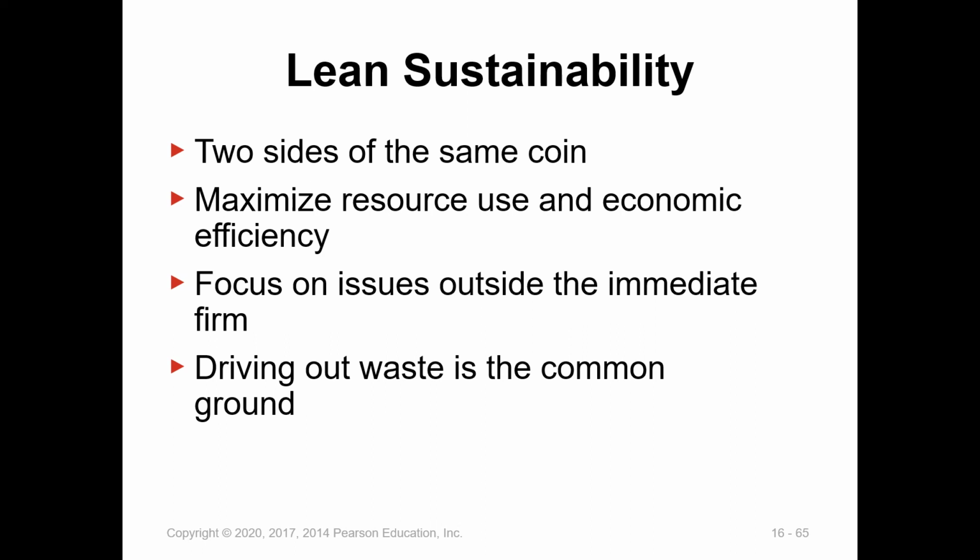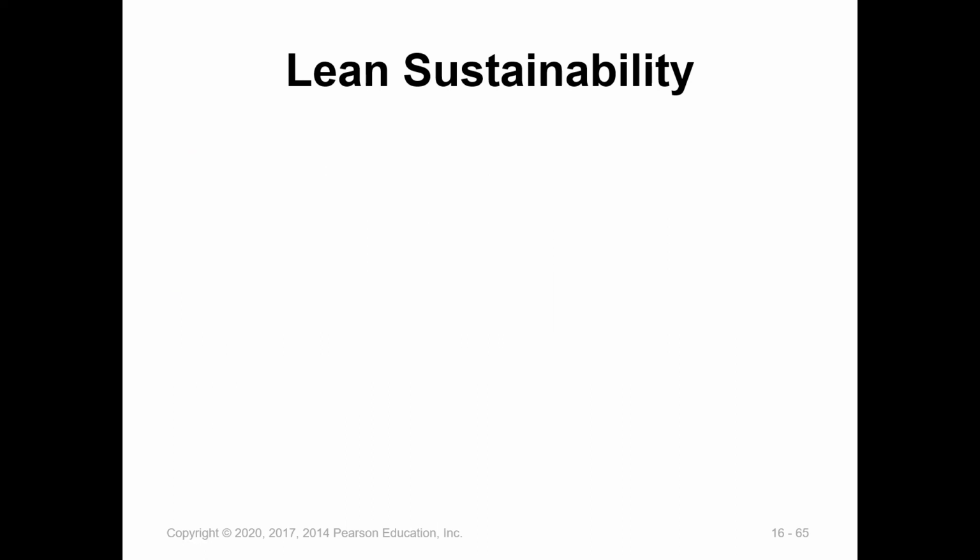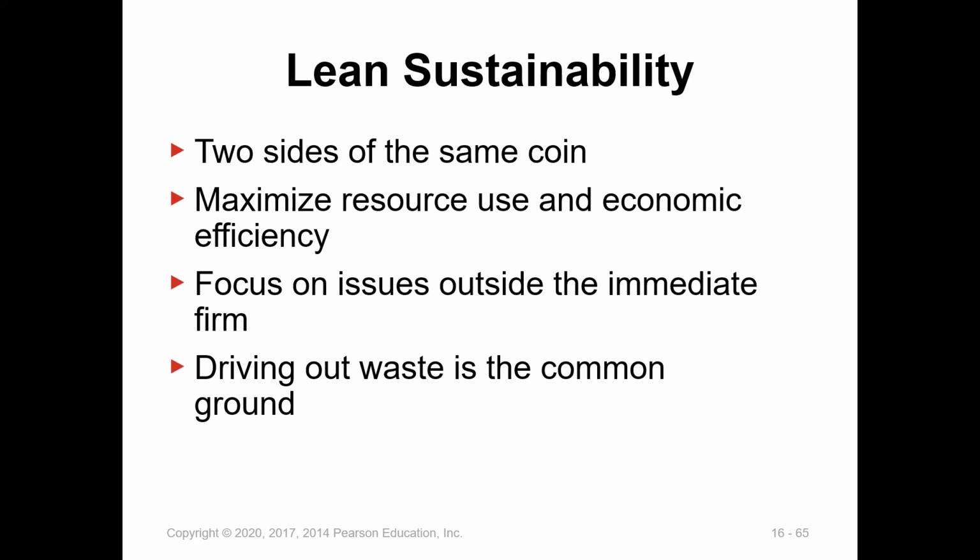Focus and drive out waste. So we are talking about waste, including natural resources, defective parts, time. When we say natural resources, we mean all natural resources, including the energy, water, and reduce the pollution also.